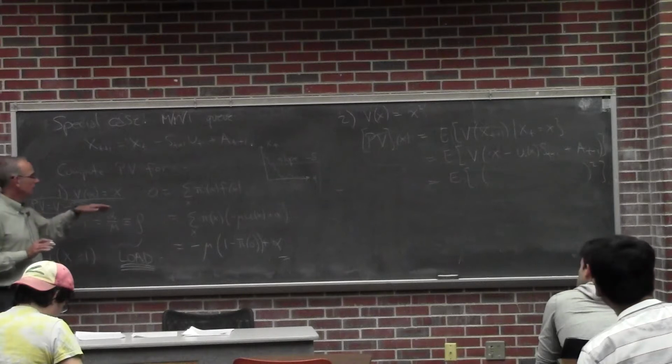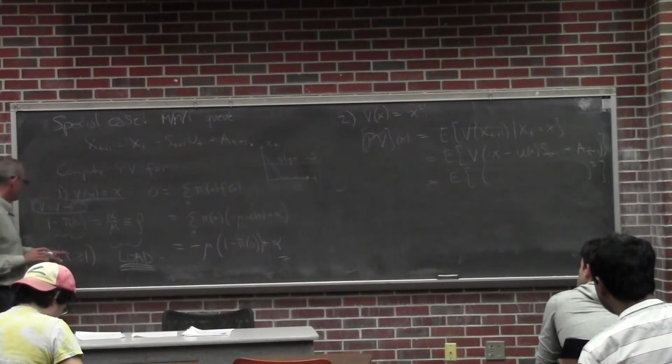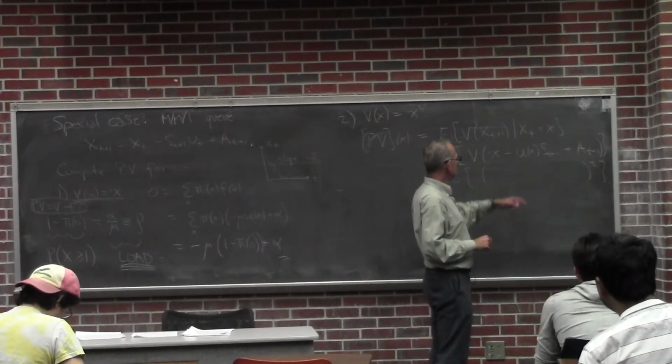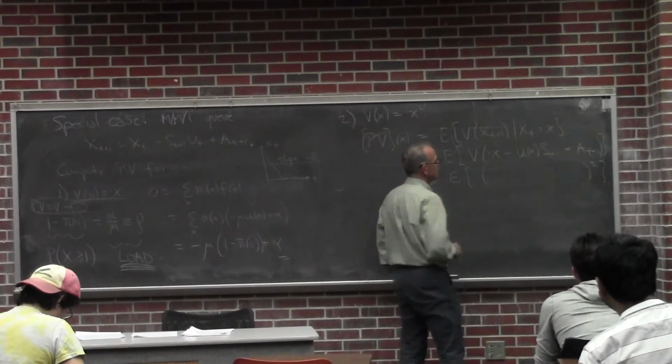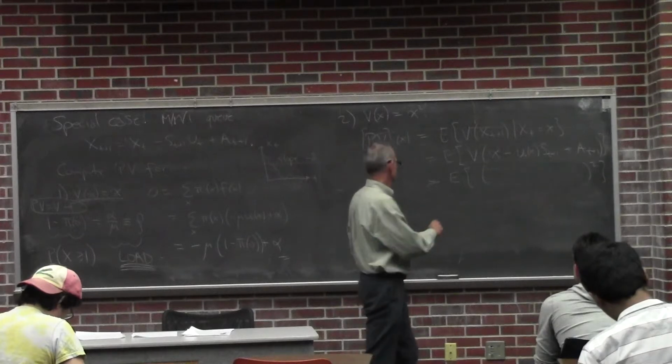And so once you do that and you unravel what this means, you get a formula for the probability that the queue is non-empty. And now we repeat and work this out, and you can see it's a little bit tedious, but that's okay.